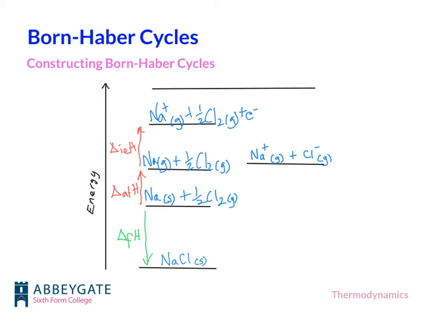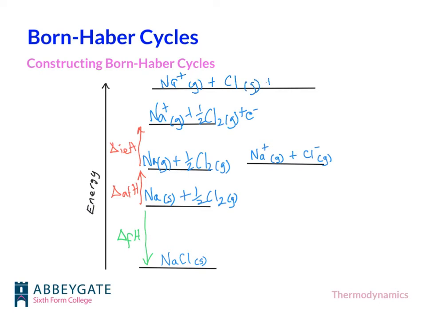So at this point we can see our sodium ion is in gaseous form, it's ready, but we now need to start working on our half a chlorine molecule. Before I can turn my half a chlorine molecule into a chloride ion, the first thing I need to do is atomize it and turn it into a chlorine atom. So we're going to go up to the top level now, and we're going to have our sodium ion as a gas, and a chlorine atom as a gas.